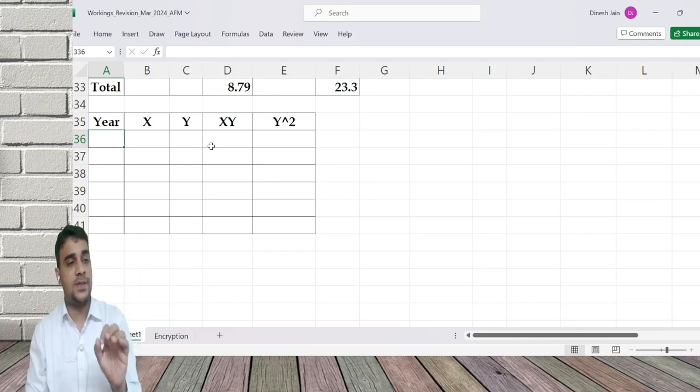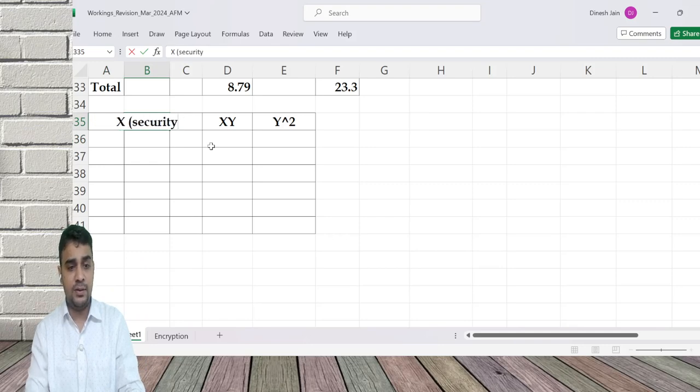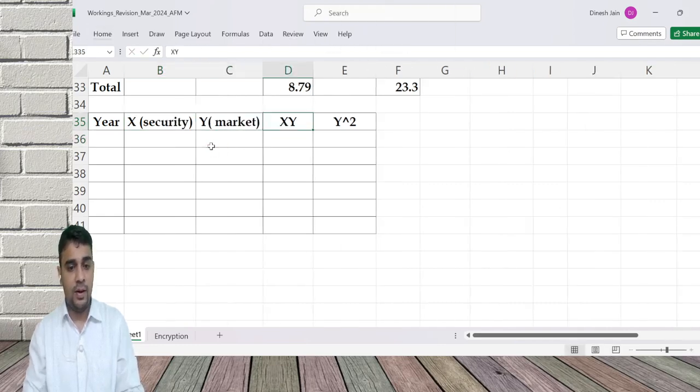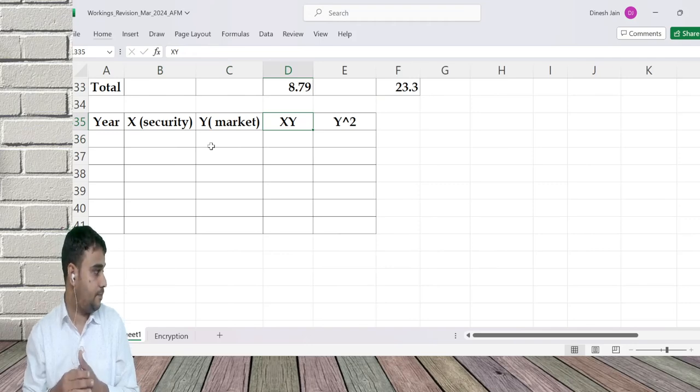X basically represents the security and y is the market. If you don't want to write xy, please write it in brackets.